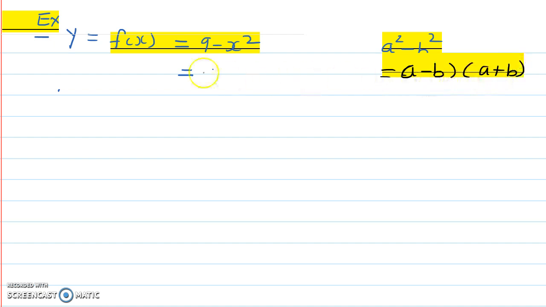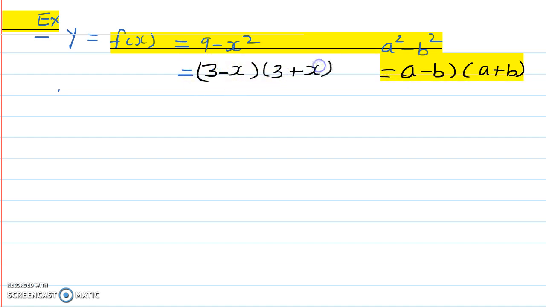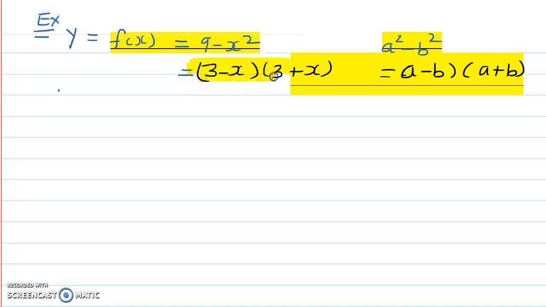So 9 minus x square we can write down as 3 minus x and 3 plus x. Let's highlight this here: 3 minus x and 3 plus x.